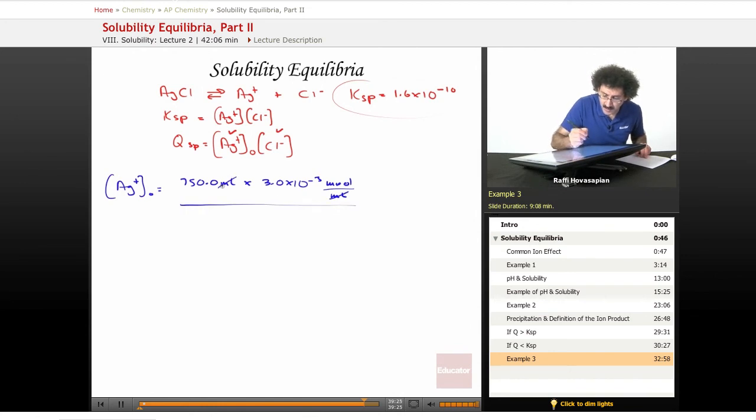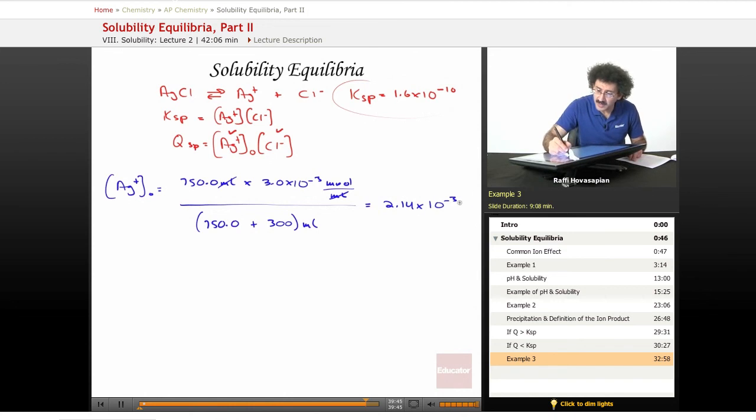That's going to give us millimoles, over the total volume, 750 plus 300 milliliters, right? The moles of silver divided by the total volume that it's floating around in. You end up with 2.14 times 10 to the negative 3 molarity.